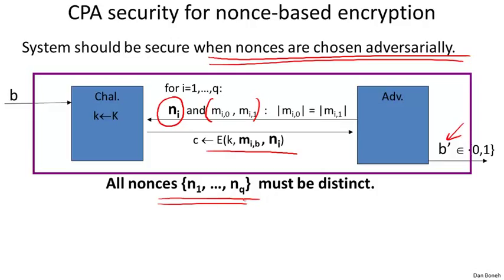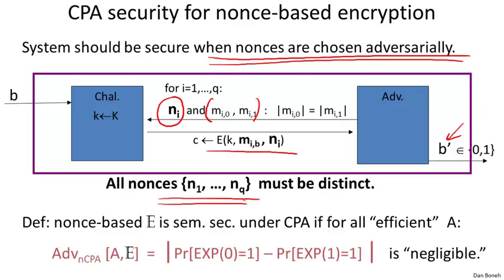As a result, the adversary will never see messages encrypted using the same nonce, and therefore, even in the game, we require that all the nonces be distinct. And then, as usual, we say that the system is a nonce-based encryption system that's semantically secure under a chosen plaintext attack if the adversary cannot distinguish experiment 0, where he's given encryptions of the left messages, from experiment 1, where he's given encryption of the right messages.